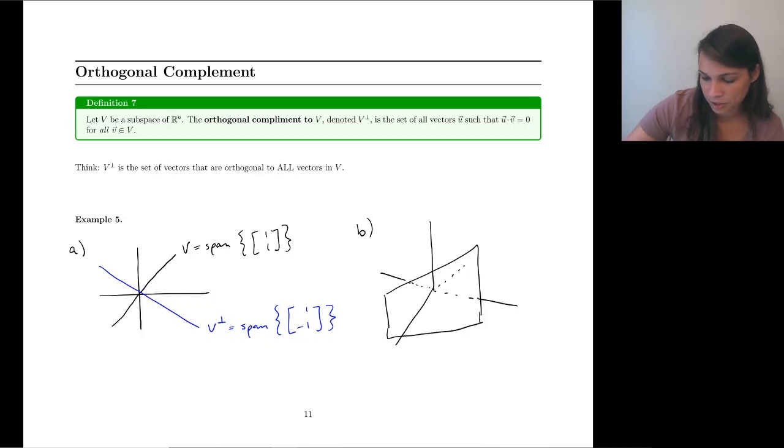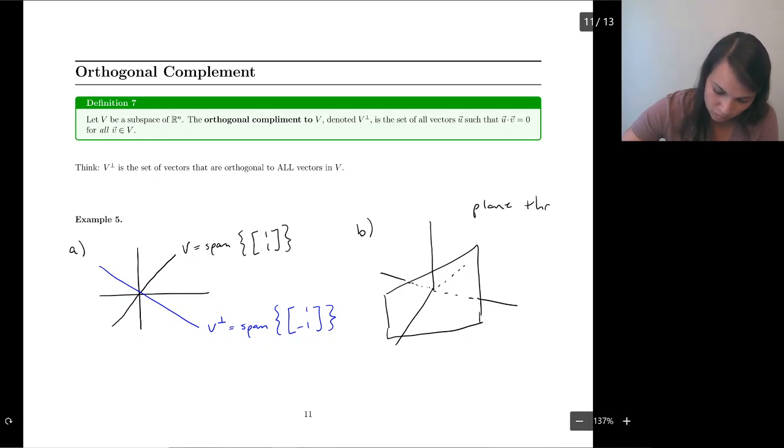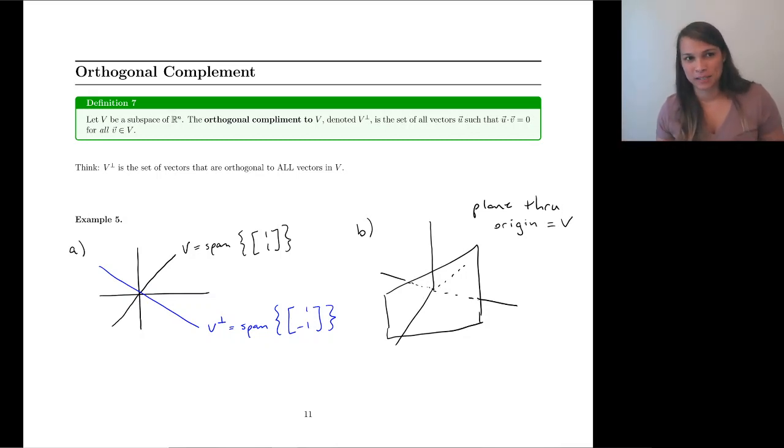So, plane through the origin. So what would be perpendicular to that?